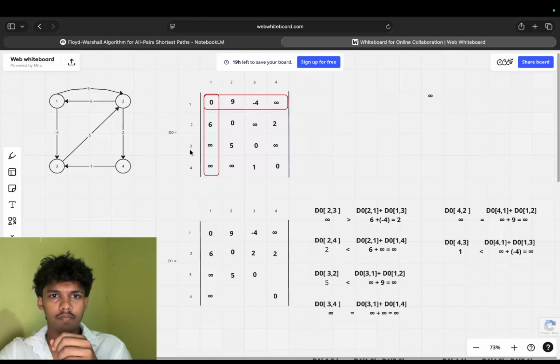Then we have to find 3 to 4. 3 to 4 is infinity. Then 3 to 1, then 1 to 4. 3 to 1 is again infinity, 1 to 4 is also infinity, so the answer is infinity.